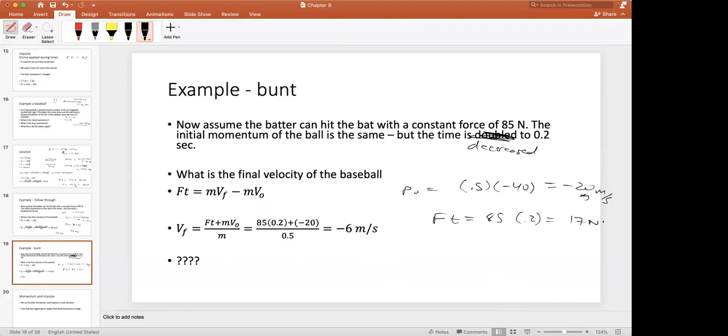This is only 17 Newton seconds, right? If I did that correctly. So 17 plus negative 20, if I solve for V final, divided by a half, gives me negative 6 meters per second. And what does that mean?